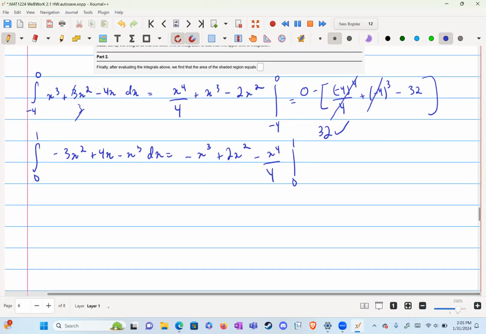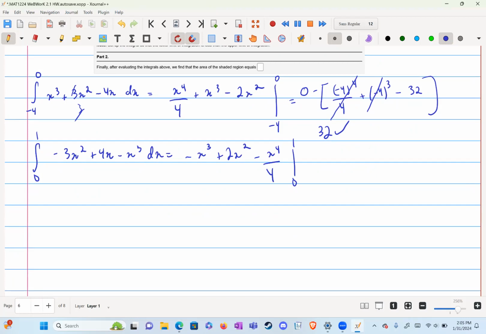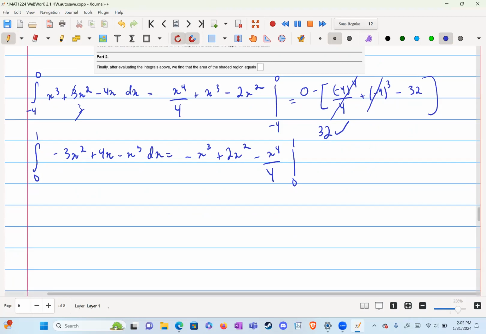We just plug in 1 first. So we have -1 plus 2 minus 1/4. That's just 1, so that's 1 minus 1/4, which is just 3/4.